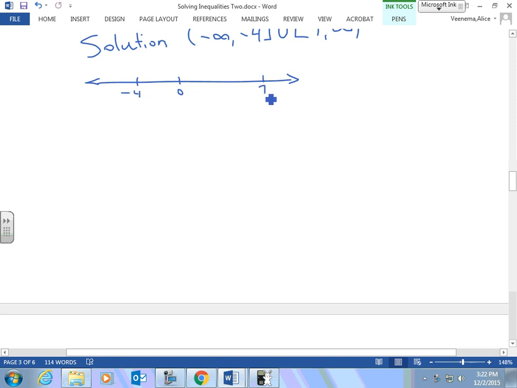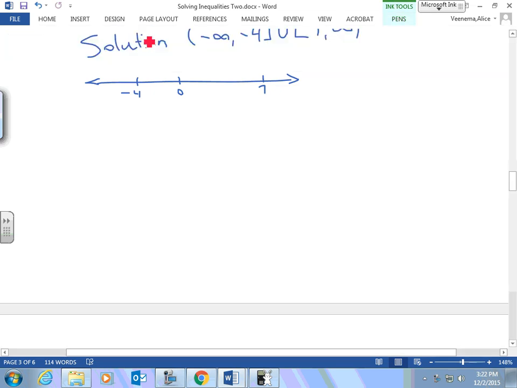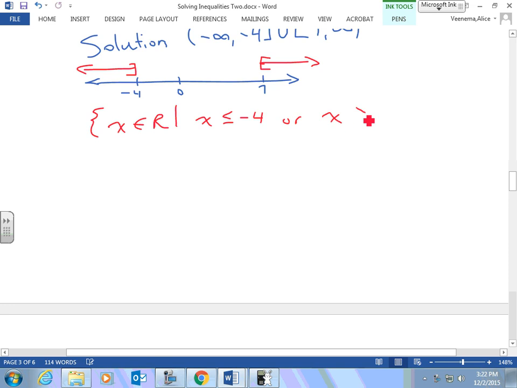We can show the set as being that set and this one combined, or we could write it in set notation: x is a real number such that x is less than or equal to -4, or x is greater than or equal to 7. That way we're taking care of both intervals in one set of set notation.